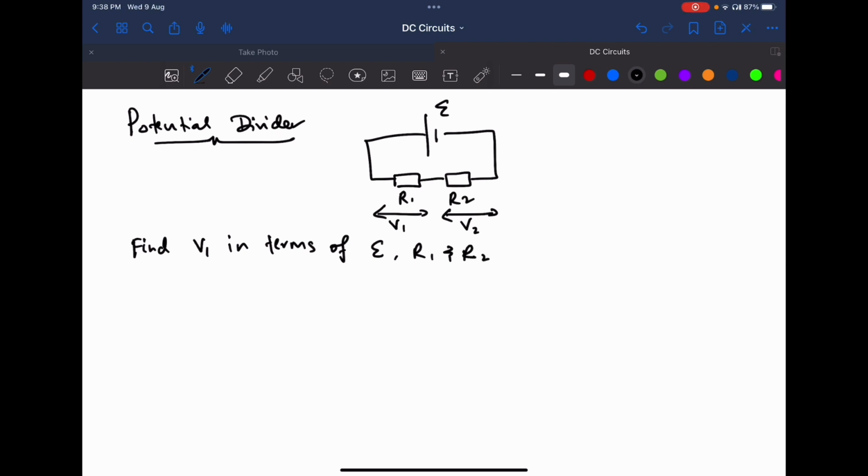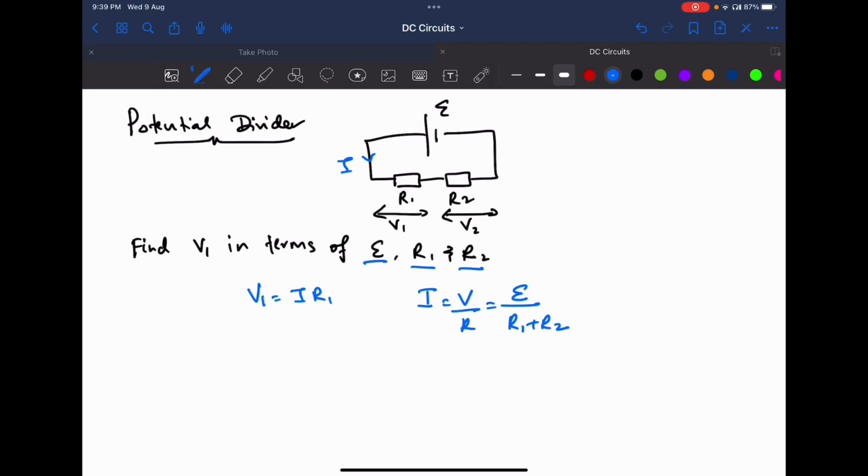So let's see. Let's assume there's a current I in the circuit, and V1 is I times R1. But the question wants V1 in terms of EMF E, R1 and R2. So I is V over R. V is the EMF E, and R is the total resistance, R1 plus R2.